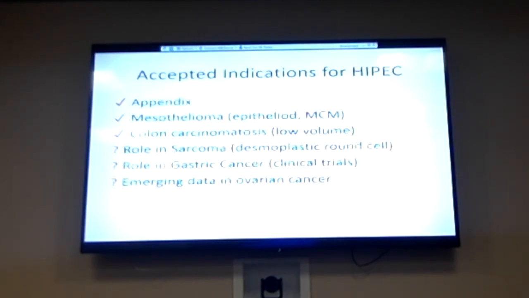There has been data here in the last year or so that seems to suggest that there is not, especially for desmoplastic round cell. The role in gastric cancer is currently being studied here as well, and there's some emerging data for its use in ovarian cancer as well.